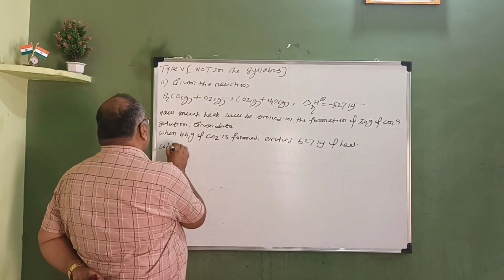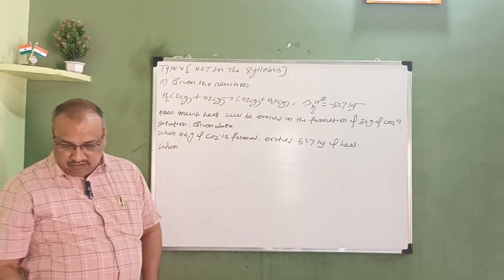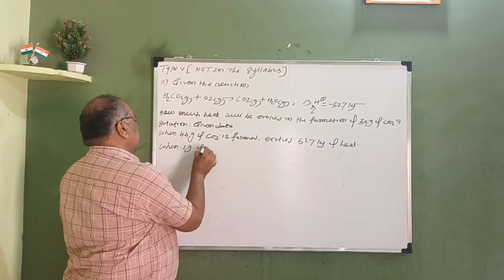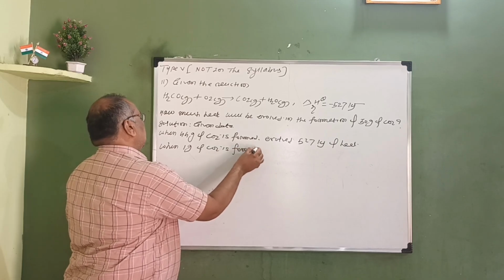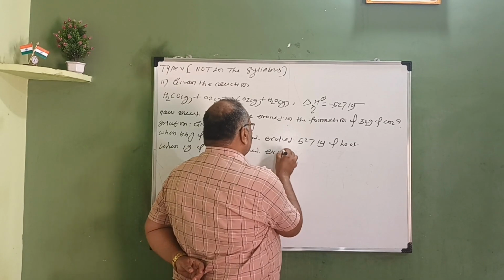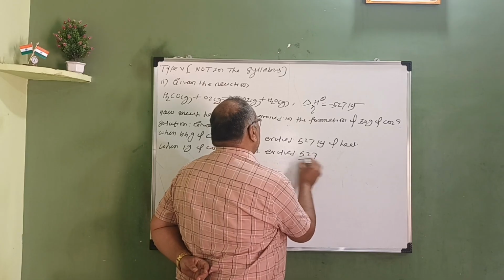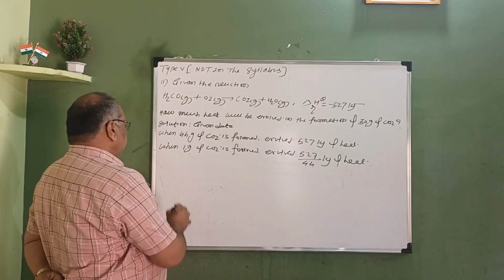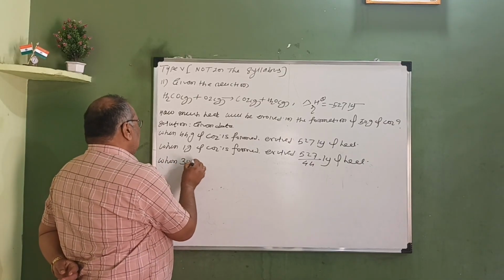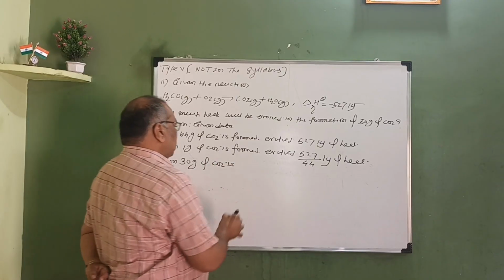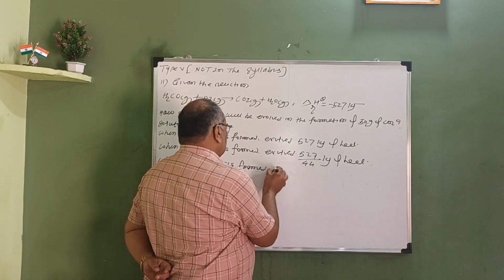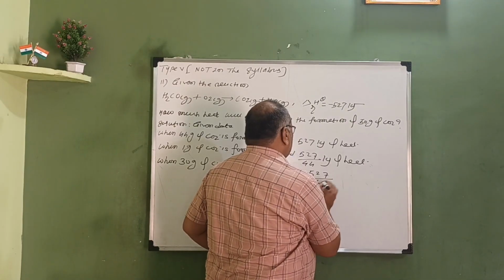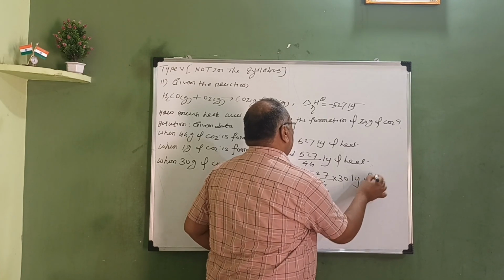Hence, when 1 gram of CO2 is formed, evolved 527 upon 44 kilojoule of heat, and hence when 30 gram of CO2 is formed, evolved 527 upon 44 into 30 kilojoule of heat.